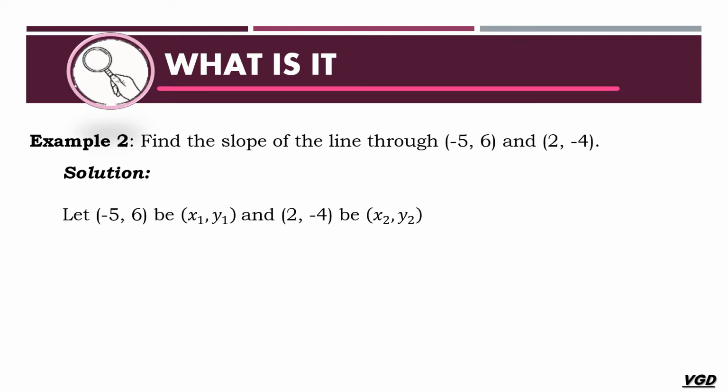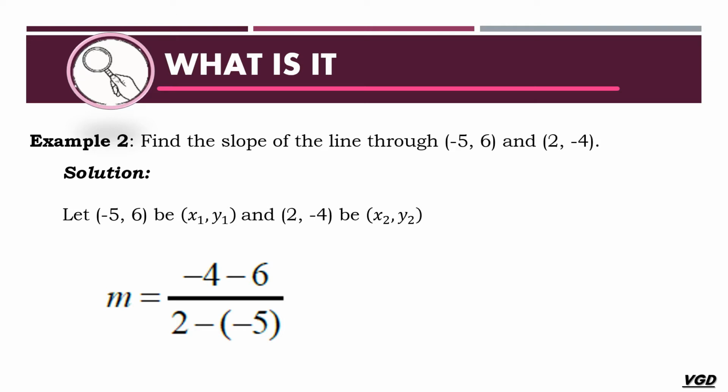Using the formula, m is equal to y sub 2 minus y sub 1 over x sub 2 minus x sub 1. Let's substitute. So we have here -4 minus 6 over 2 minus -5.